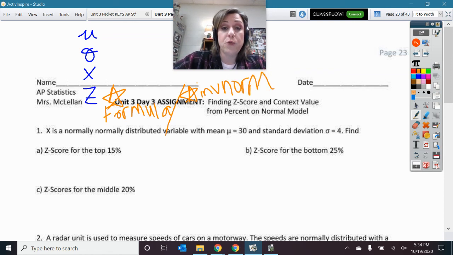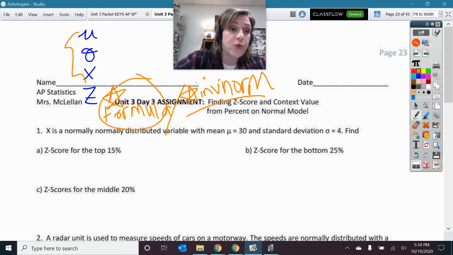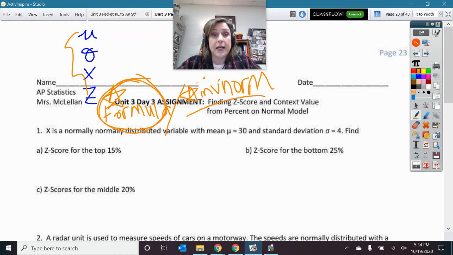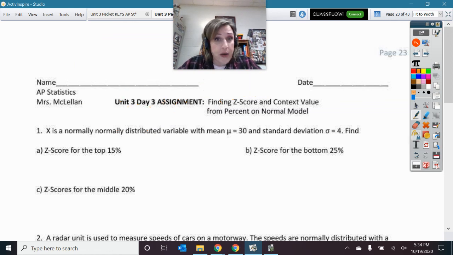So if they give you a percent, you can get the Z-score from that. If they've given you these other three items, then you can get the Z-score from that. Lots of information. You just have to go at it, practice it and process it.